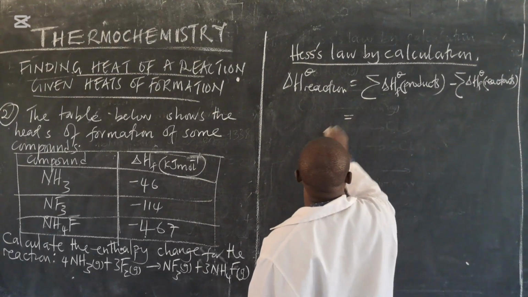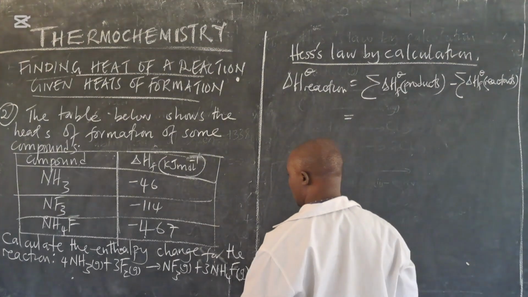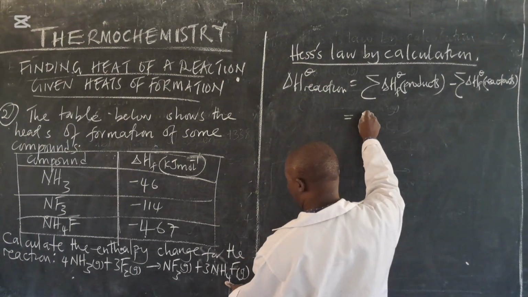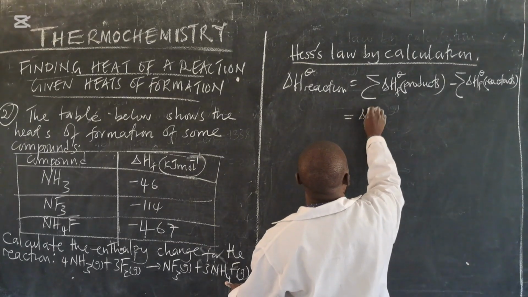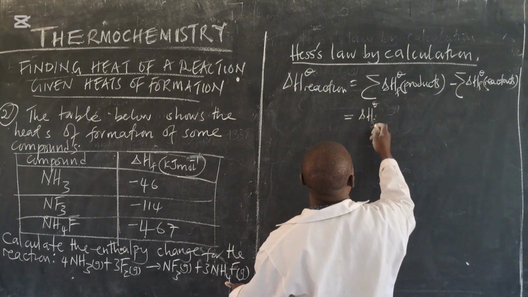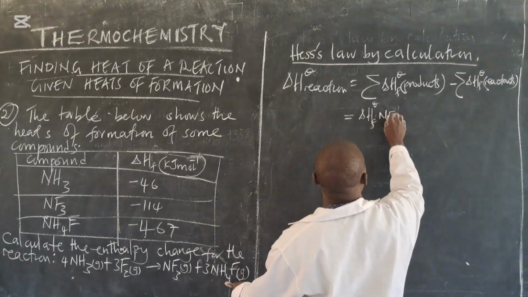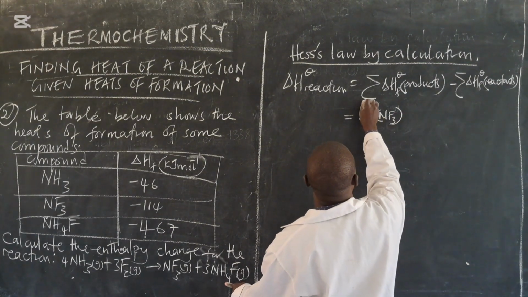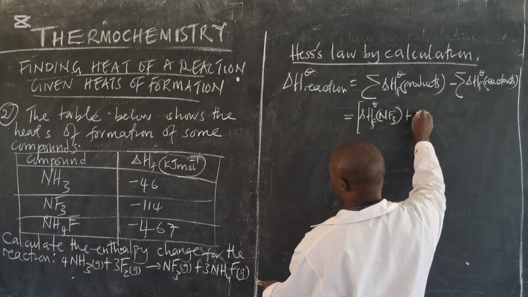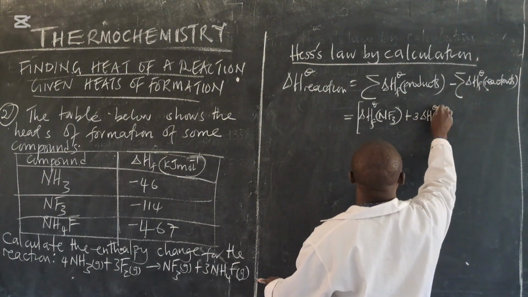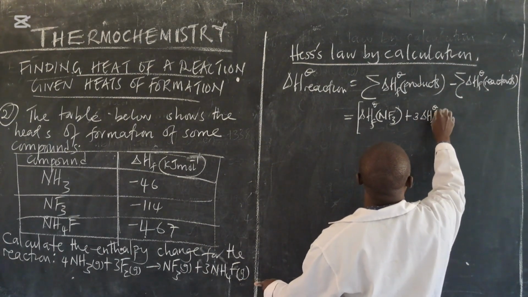So we are going to punch in the values. I can see that my products are this and this. So I'll have the heat of formation of NF3, then I'm going to add it to 3 times the delta heat of formation of ammonium fluoride.